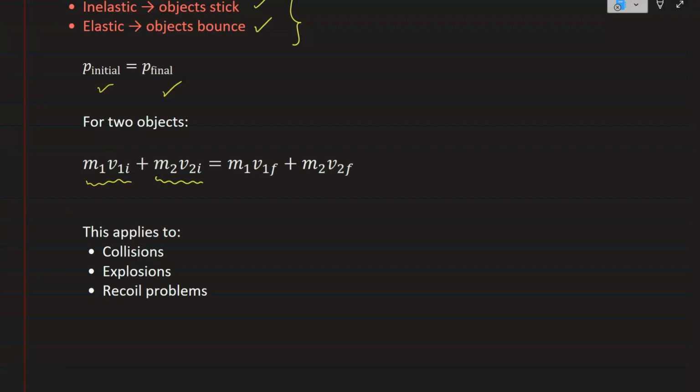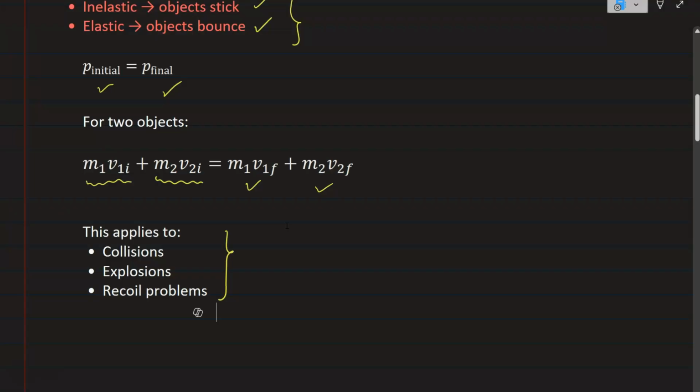Those two initial values for momentum must equal the sum of the final momentum, m1v1f plus m2v2f, the final velocities of the first and second object multiplied by their masses. This usually applies to three types of interaction: collision, explosion, and recoil problems.